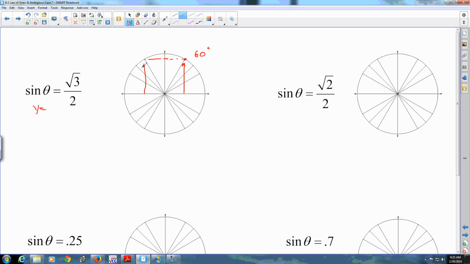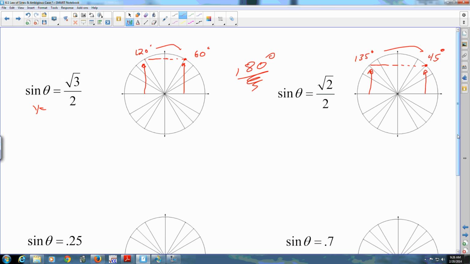You're the same distance up, and that's happening at 120 degrees. Where's your y value square root of 2 over 2? You guys know it's right here. It's how far up you are right there. Where else are you going to have the same value? Directly across, because that's the distance up. And that's going to happen at 135 and 45. And what you guys should notice is these two angles are supplementary. They add to 180 degrees.